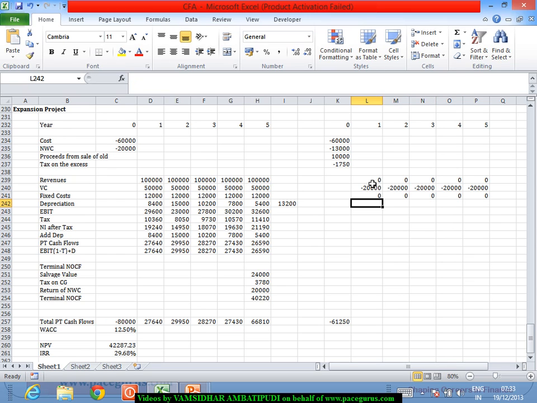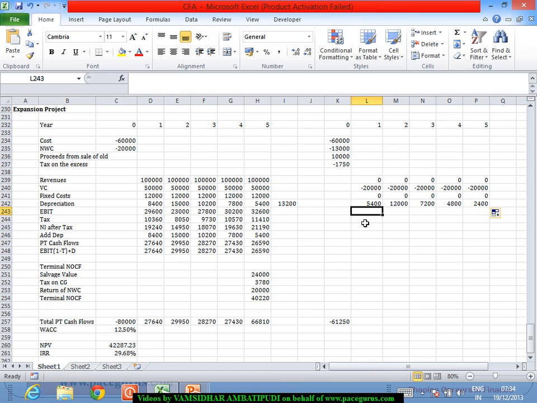Depreciation. Here it is 8,400, whereas in all the other years, if I had gone with the old machine, my depreciation would have been 3,000 for the next 5 years. So I will consider the incremental depreciations as this number minus 3,000 over the entire period. So these are working out to be my incremental depreciations.